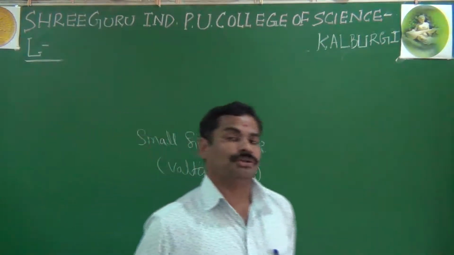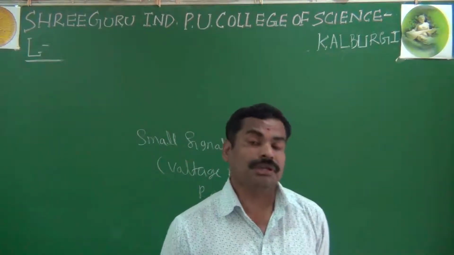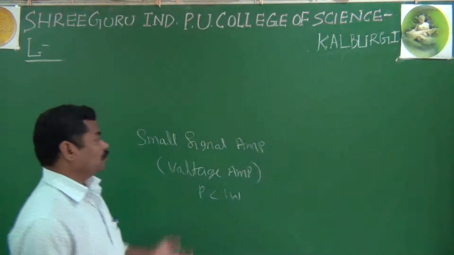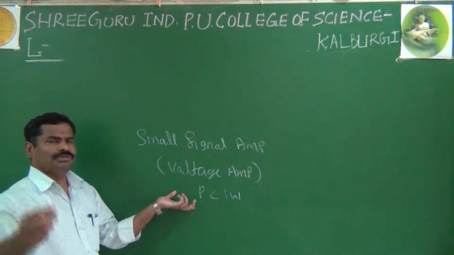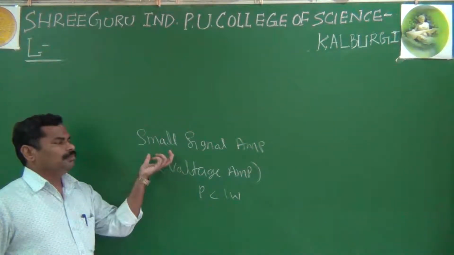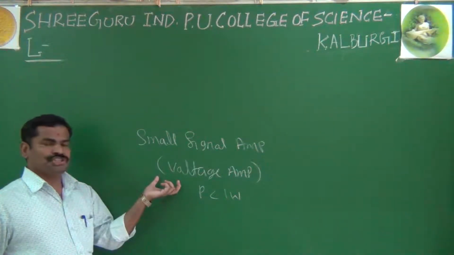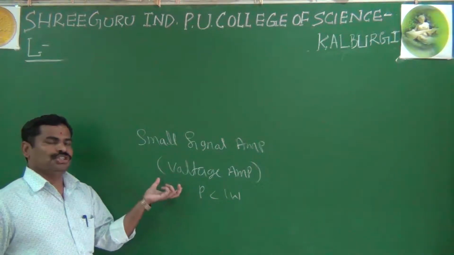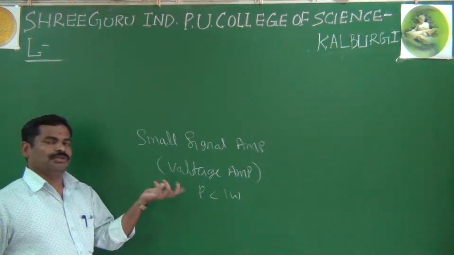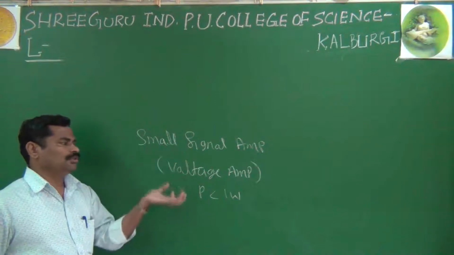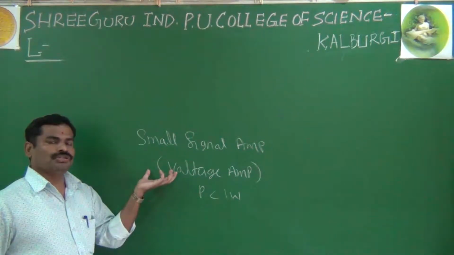Yesterday I also said the beta value is very less, and your base region is very thin compared to the emitter and collector. This is the importance of small signal amplifiers.